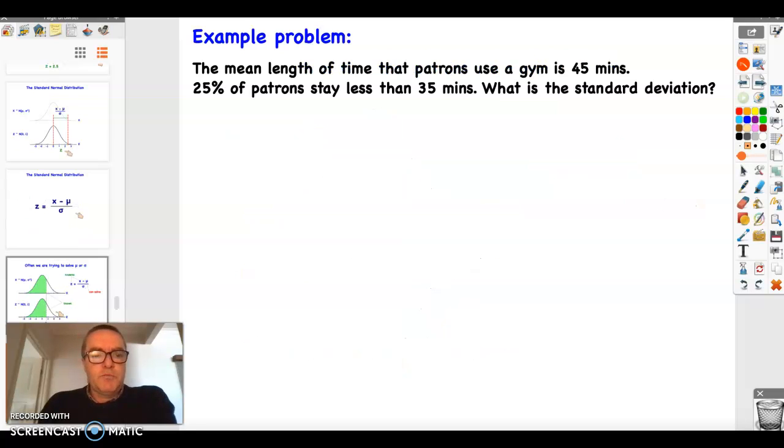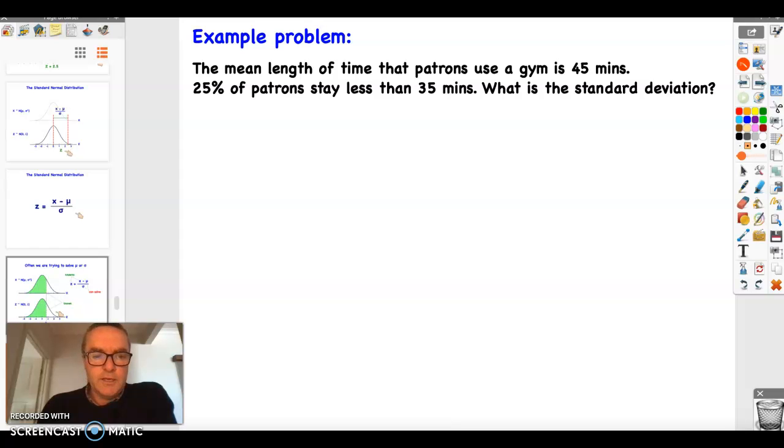So we're going to use this problem as an example of how we use that formula and the standard normal distribution. In our problem, we've got patrons that use a gym. We're going to assume that the amount of time they spend at the gym is a normally distributed variable. The mean length of time is 45 minutes.